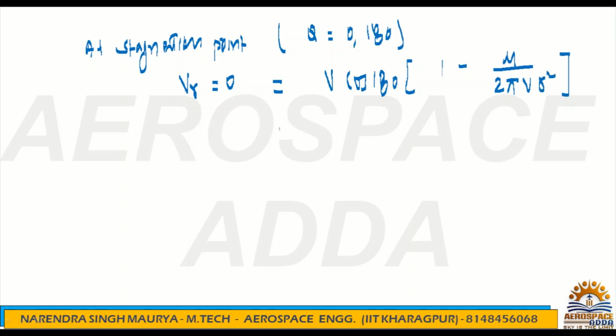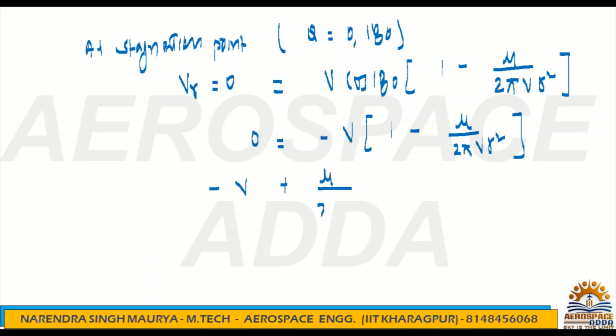What is cos 180 degrees? It's minus 1, so it's nothing but minus v. Now in the bracket you have 1 minus mu upon 2 pi v r square. Here you can write minus v is equal to minus v, then plus mu upon 2 pi v r square, which cancels out, equal to 0.